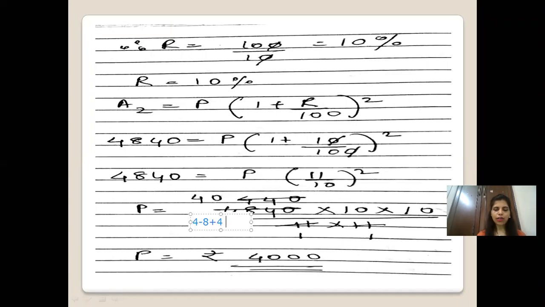So you can see that 4 minus 8 will give you minus 4. And then when you add 4, you will get the value as 0. So if you get value as 0, it is divisible by 11. So that is how you have to check the divisibility test of 11.